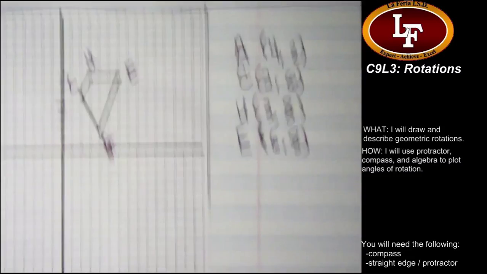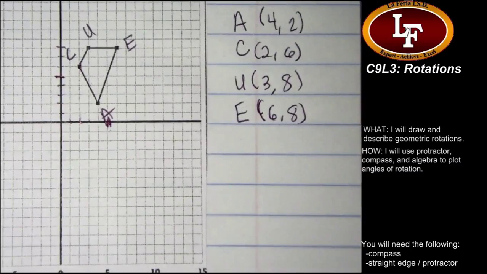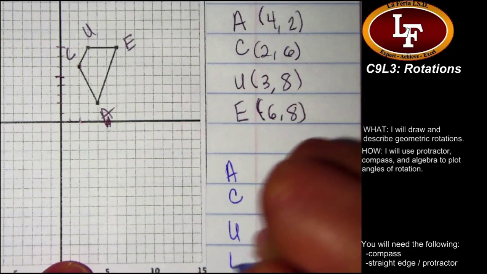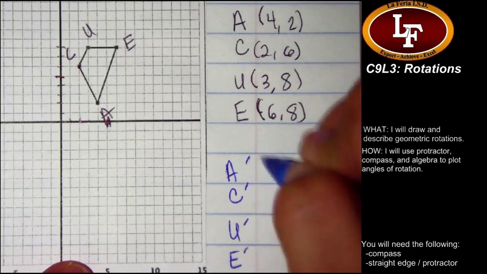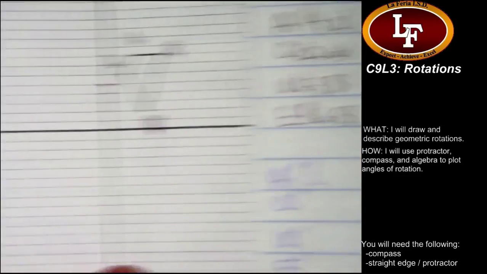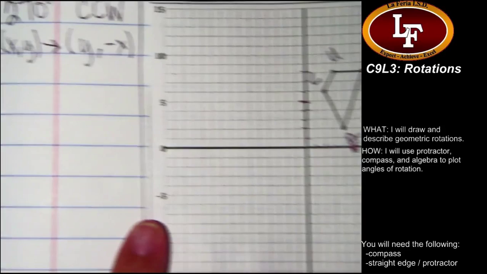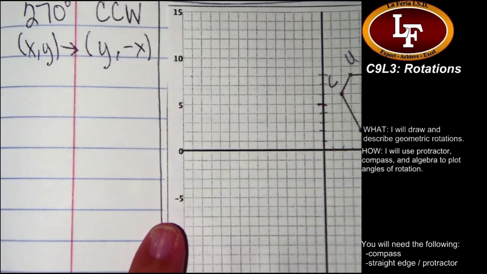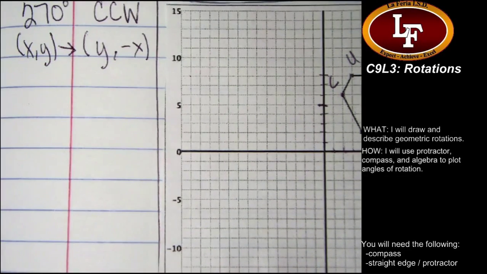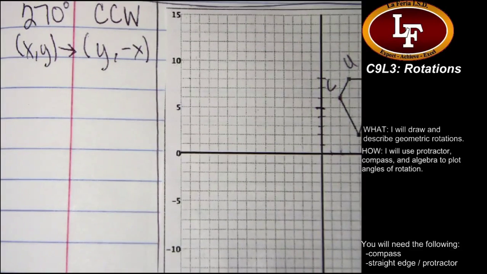All right. Looking at your algebra notation, let's show that again real quick. The algebra notation says, take the x and y coordinates, make the x negative or change its sign, and then flip them. So the first one's going to be 2, -4.